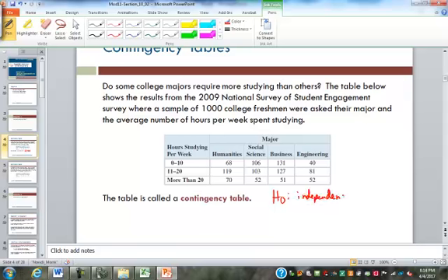And we can word it a little bit more eloquently than that, but then H1 is going to be not independent. So there is an indication that the variables are not totally independent of each other.